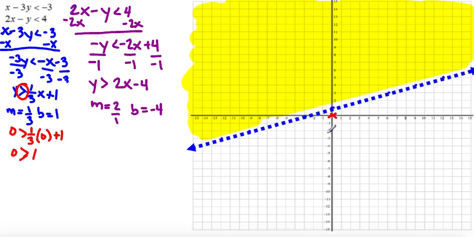Okay, so when I graph, I start at negative 4. My slope is 2 over 1, so I go up 2 over 1.